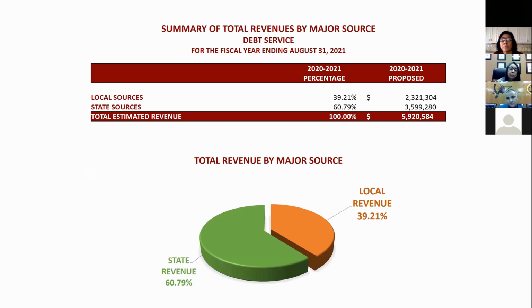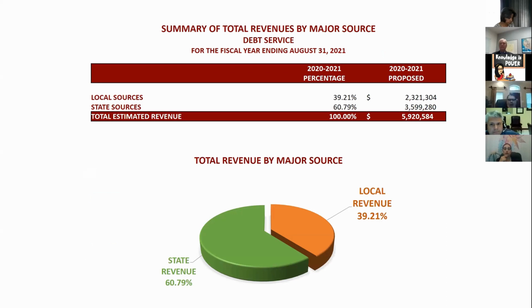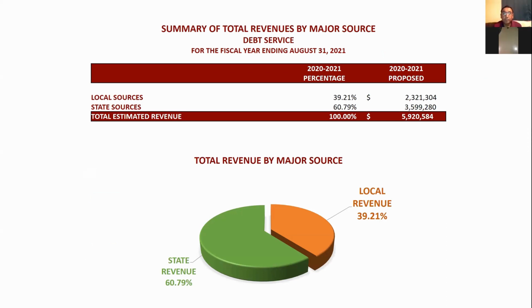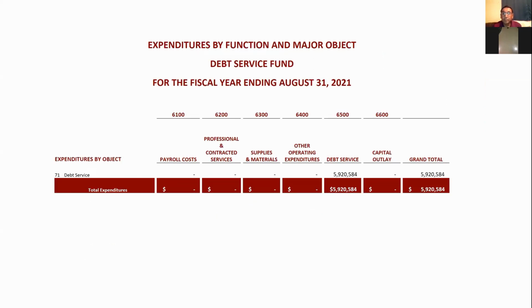Here it is, revenues broken down by percent. Our local sources at 39.21% and state sources at 60.79%. By major object, we only have one object code that we use here. It is the 6500, and this fund is exclusively used to pay down our debt.